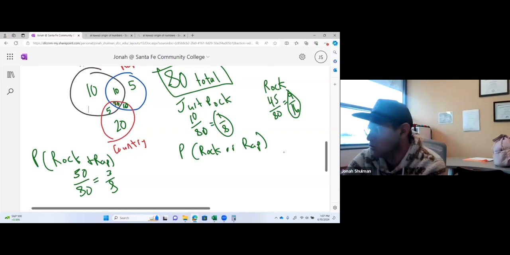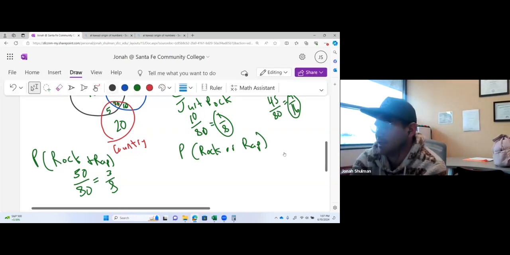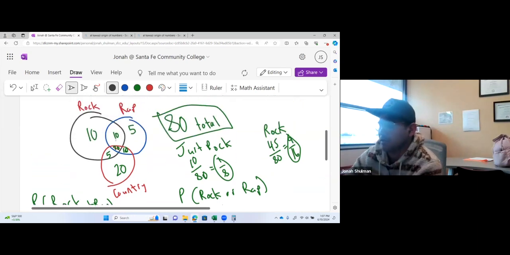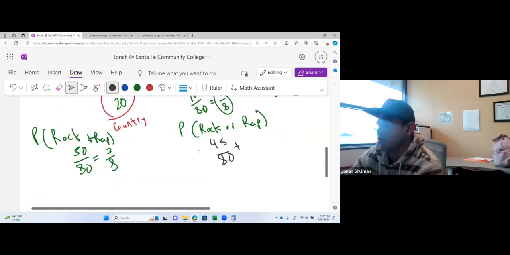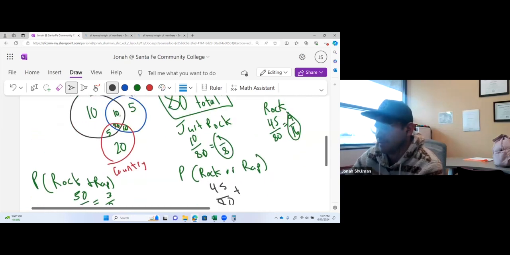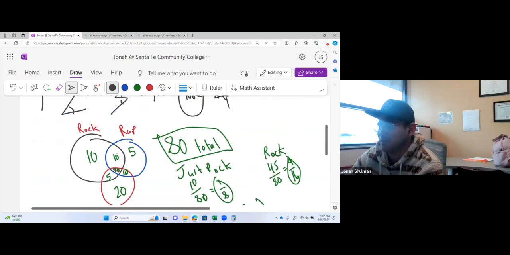So we know rock, I'll put it in black because the black circle is this.